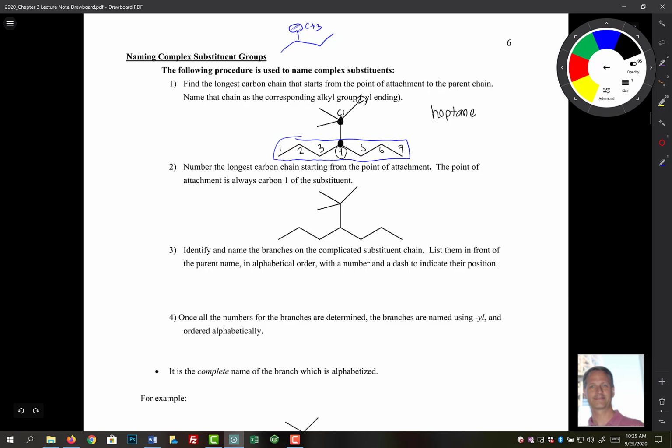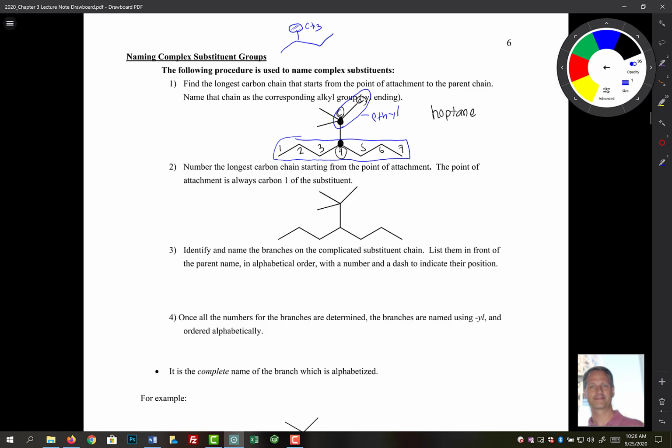So I'm going to circle that carbon-carbon chain and make a note. The longest carbon chain sticking off of carbon number 4 of our heptane is 2 carbons in a row, and that's eth. That means it's an ethyl.